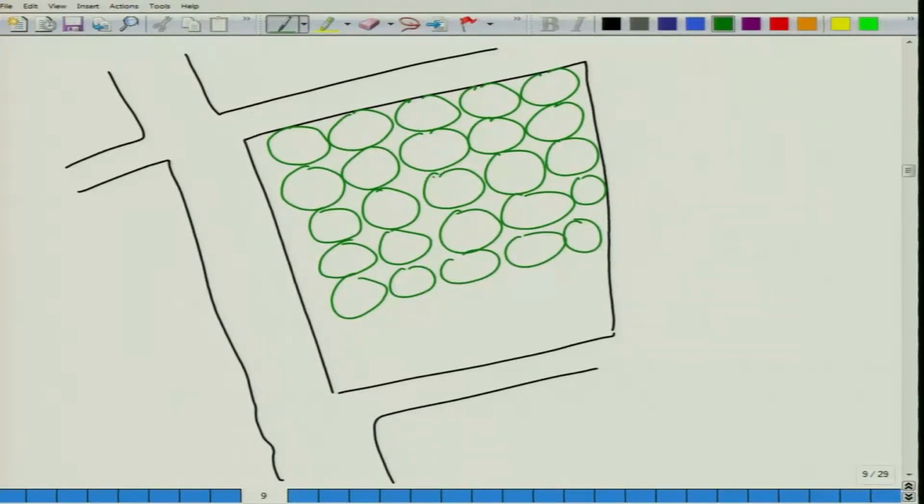Now, let us consider this tree. When we are trying to understand how much sunlight it gets, this tree is blocked from sunlight by all these trees. So, essentially it is only getting sunlight when the sun is directly overhead.